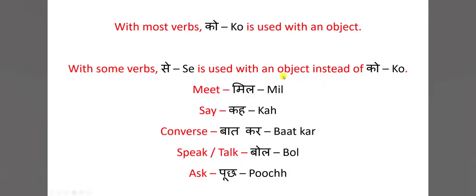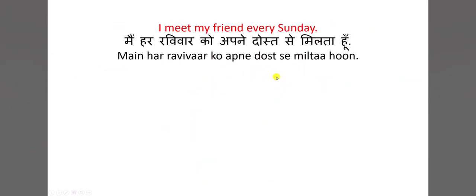Let us see few examples. I meet my friend every Sunday. मैं हर रविवार को अपने दोस्त से मिलता हूँ. Here मैं is I, har is every, Ravivar is Sunday.